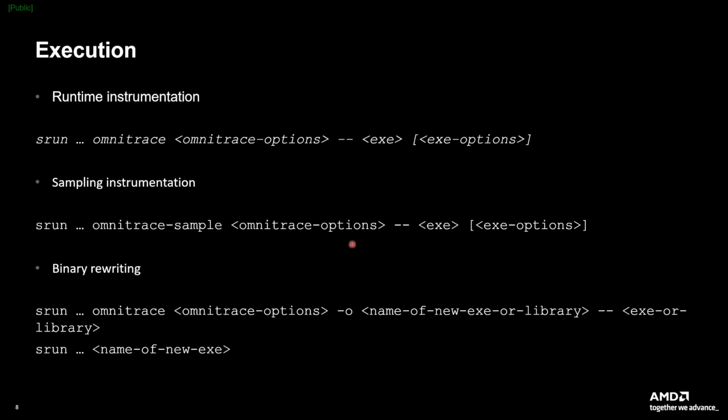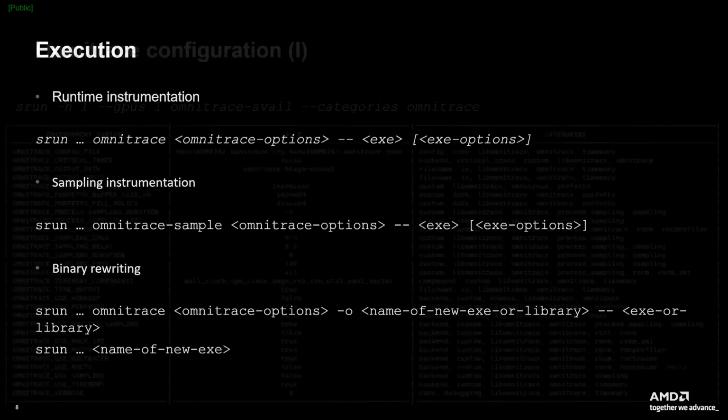Now, binary rewriting is a bit different. You do OmniTools options, -o, the name of the new executable, basically the library or executable, and then your binary. And you run the new executable, okay? So basically, it creates a new executable that's instrumented, and you just run it after.